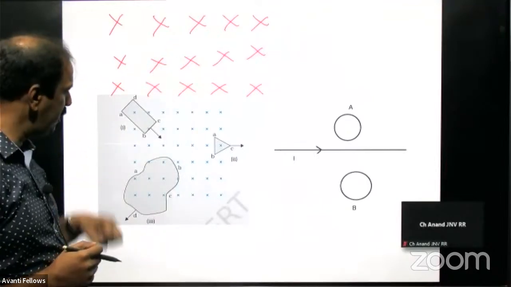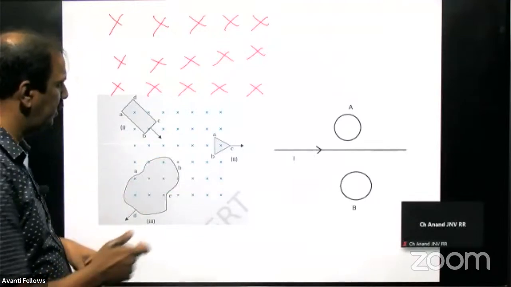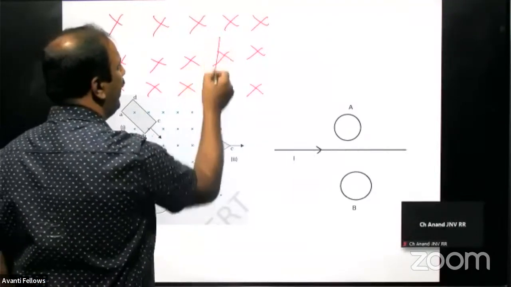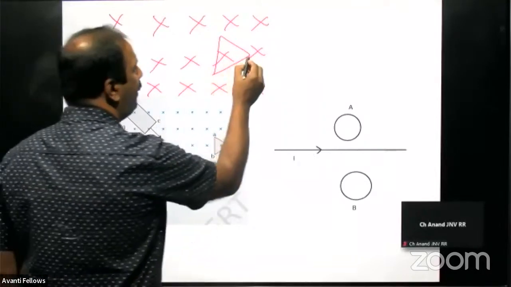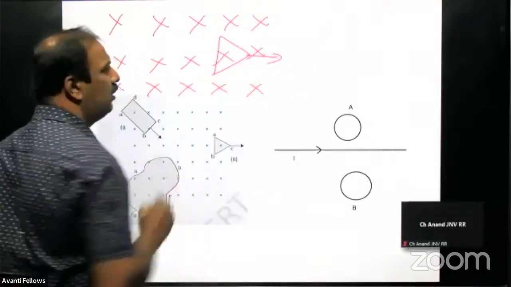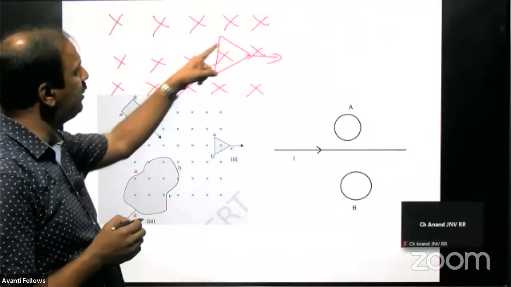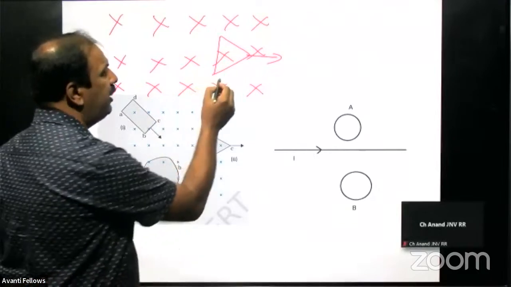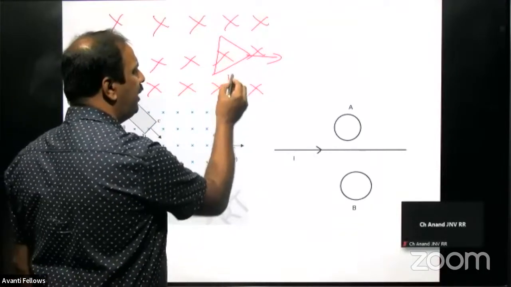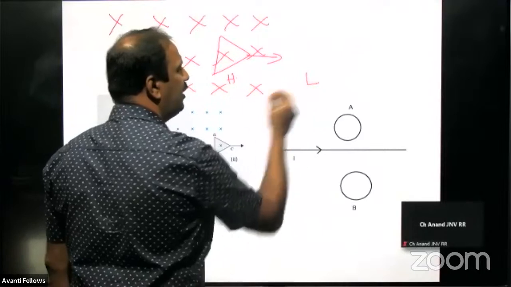Now the question is, here we have three shapes. We will think about this shape. This triangular shape is here. It can be a triangle or any shape. We are taking this one out of this field. When you are taking this one out of this magnetic field, here the magnetic field is high. Listen carefully. The magnetic field is high. Here the magnetic field is low.